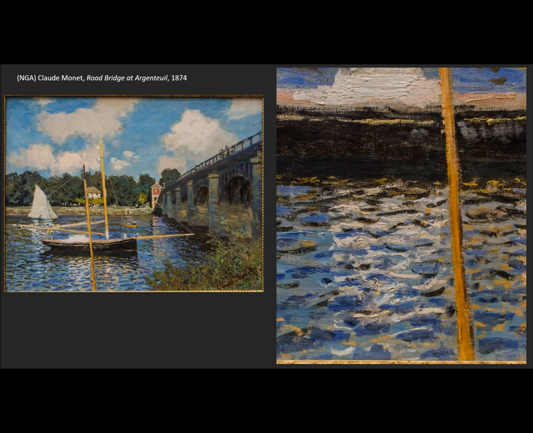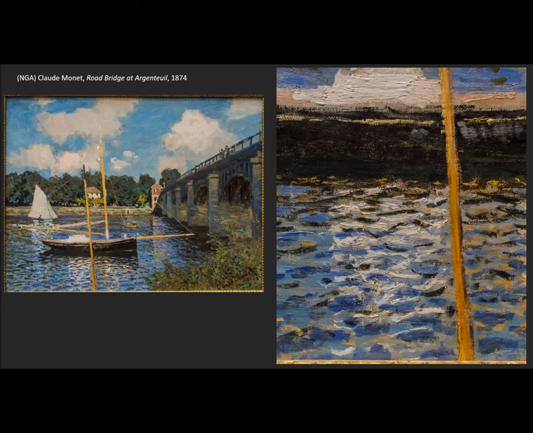As a group, the majority of the Impressionists are very much interested in the changing effects of light. They want to use their paintings to talk about how light is color and how our perception of the world around us is our perception of different patterns of light.